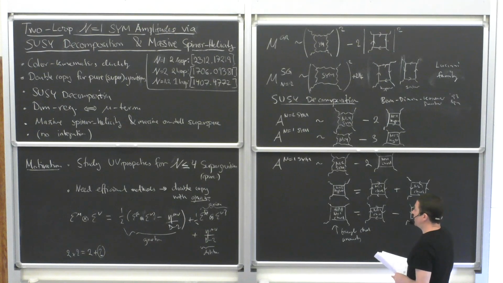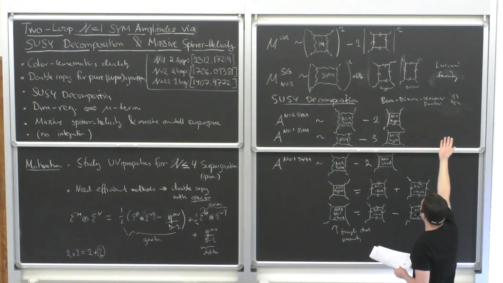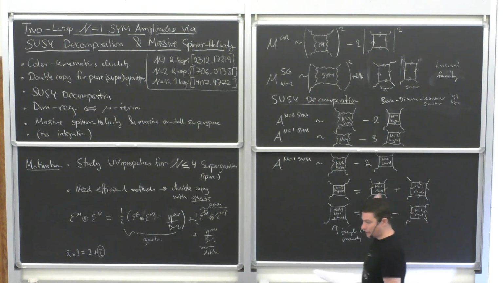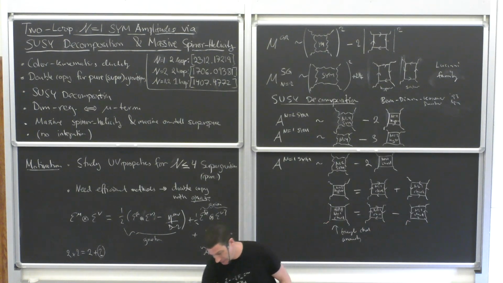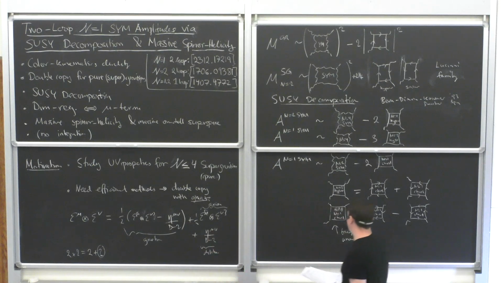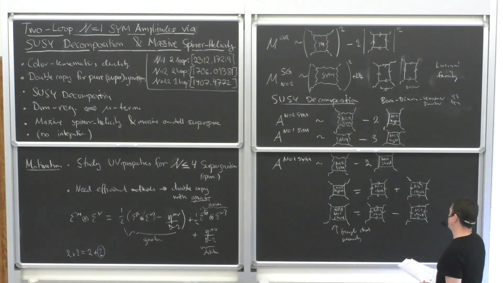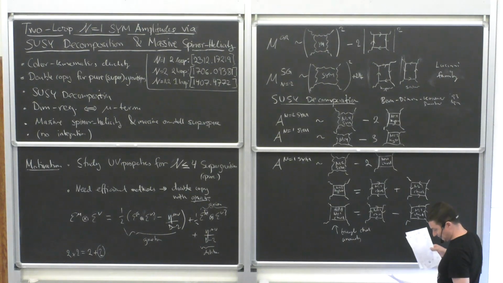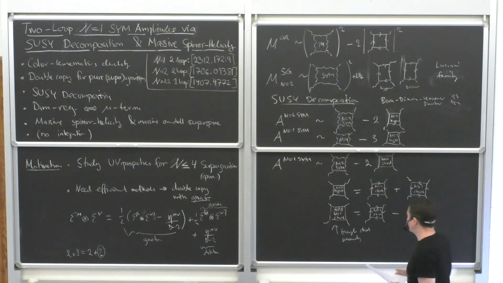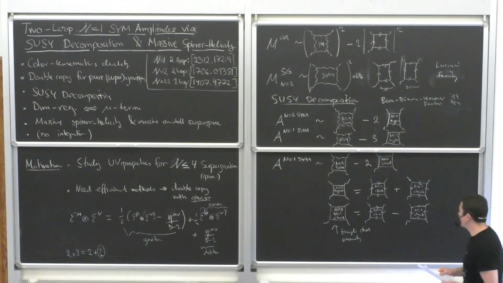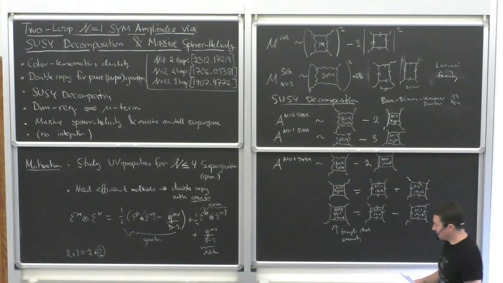All right. That's the SUSY decomposition. Essentially, it's a slight rewriting of how it was done in the 90s, but I will generalize it to 2 loops, I think. Let's see if I actually wrote notes about that. Yeah. Ask me when I get there.